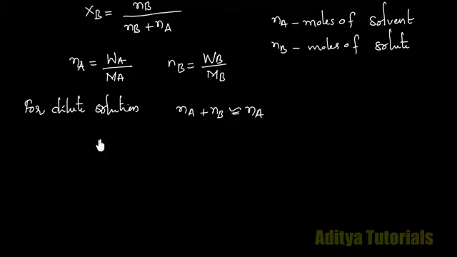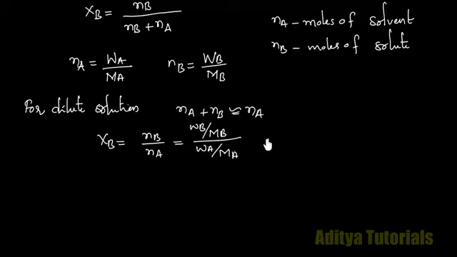We have to take this mole fraction of B is equal to number of moles of B divided by number of moles of A. We eliminated this term because it is very small as compared to this. Now for these two values, the calculation of number of moles, given weight and molecular mass, we can write here: this is equal to WB divided by MB, divided by WA divided by MA.